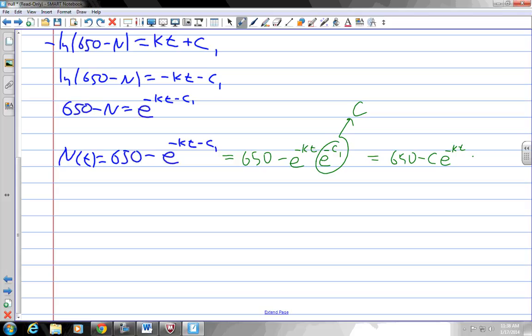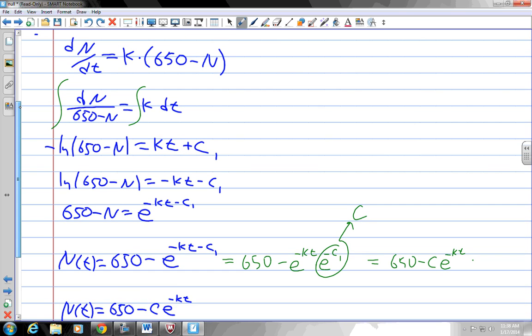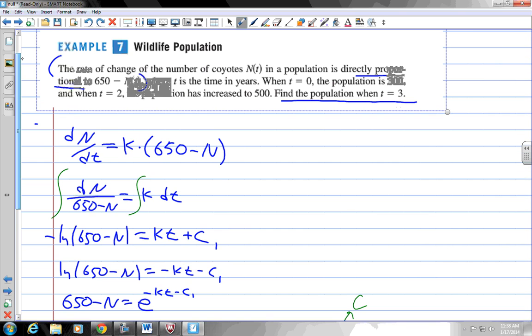Okay, so this is my model. In order for me to answer all the questions, I need to find what c is. I need to find what k is as well. K is the rate, and c would be some constant, so we can use some of those conditions there.